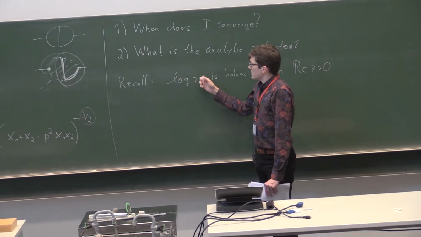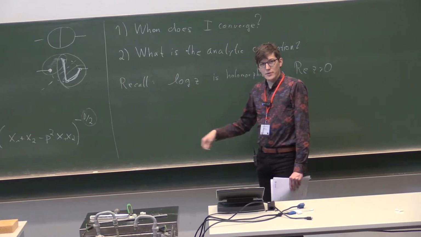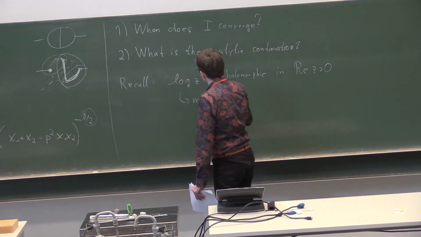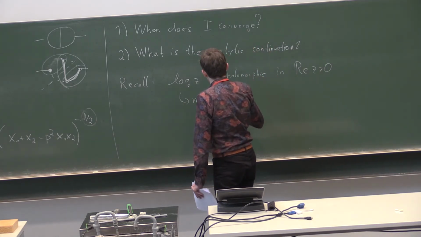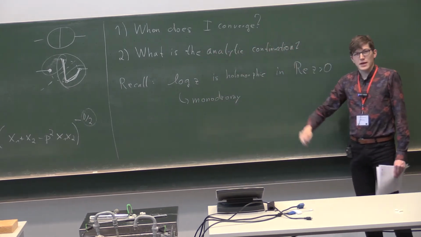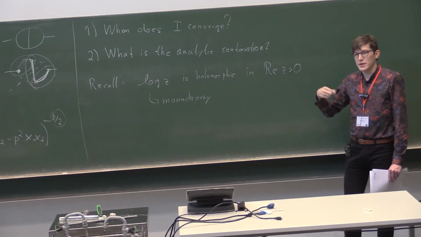But now you want to study its analytic continuation, then you figure out suddenly it becomes multi-valued. You get a monodromy, you get 2 pi i's. So it does not make sense to talk about the value of log of z on the other side without also specifying how you got there, along which path you did your analytic continuation.